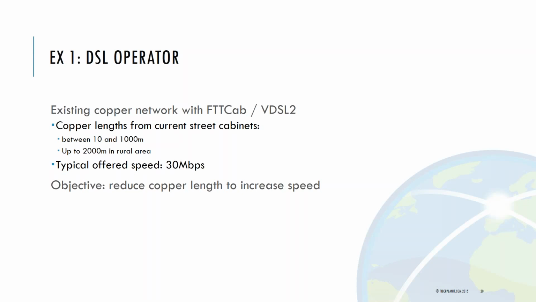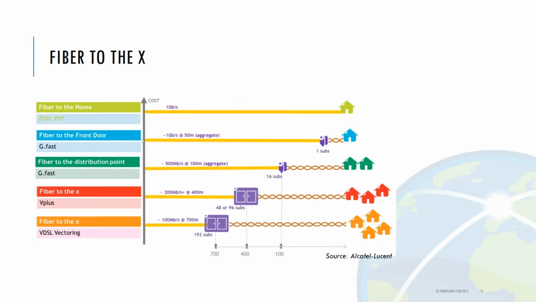Now, the objective is to see if we reduce the copper length, if we can increase the speed that we can offer. And you see an interesting figure here on the different options that are available. A picture by Alcatel-Lucent, by the way, where you can see, if you look at the VDSL vectoring, what we said about 700, 800 meters.